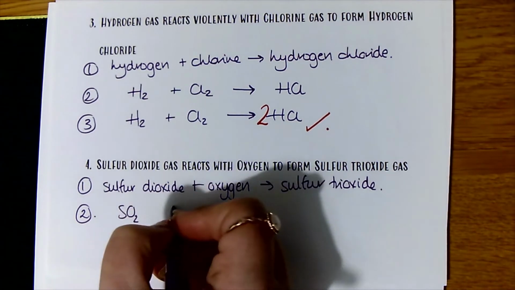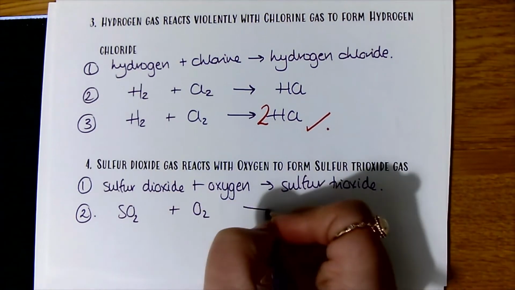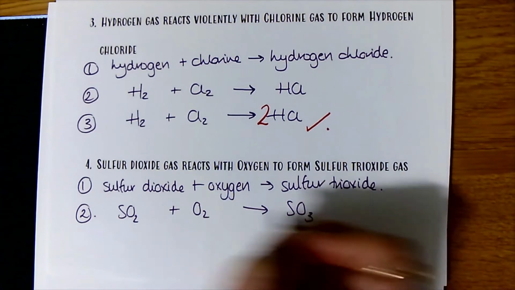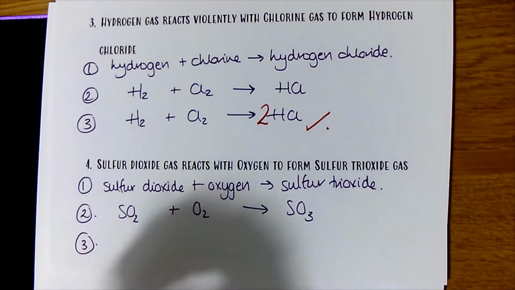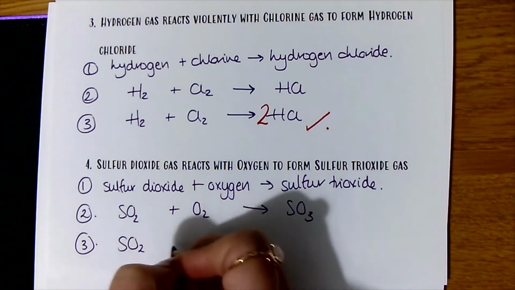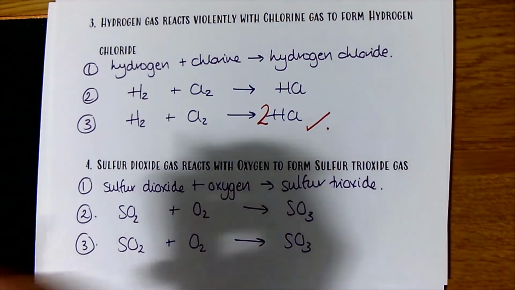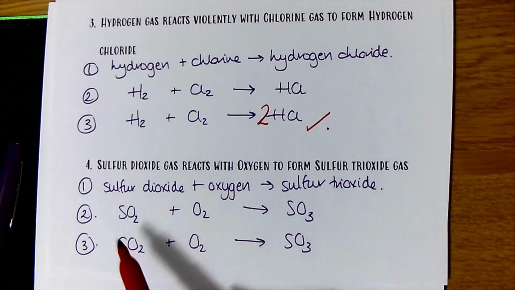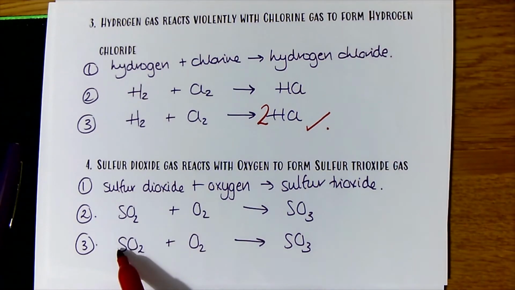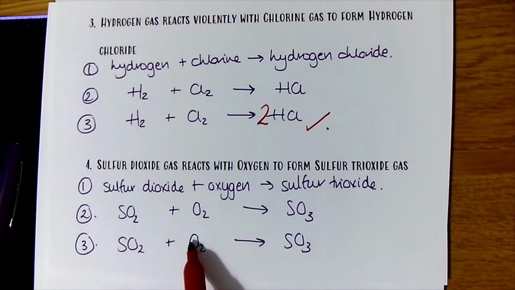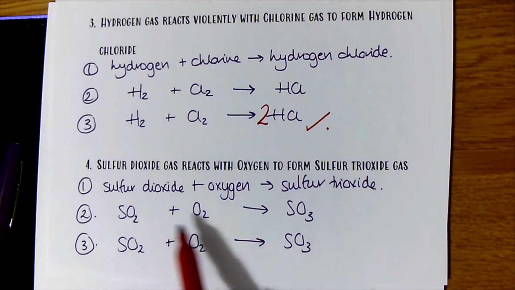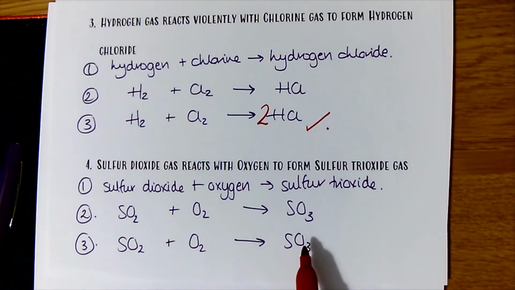Our formula is SO2 plus O2 gives you SO3. And the first step of balancing your equation is, of course, copying it down again. Starting from the left hand side, we have one sulfur here and one sulfur there. So they are balanced. We have 2 oxygens here and 2 oxygens here. So now we've got 4 oxygens and we only have 3 over here.